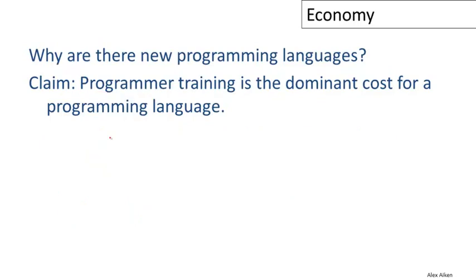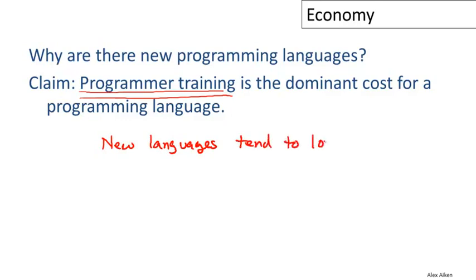I just want to point out another prediction that can be made from this one observation, that programmer training, again I'll underline that, is the dominant cost for a programming language. And that is that new languages tend to look like old languages. That is, new languages are rarely, if ever, completely new.